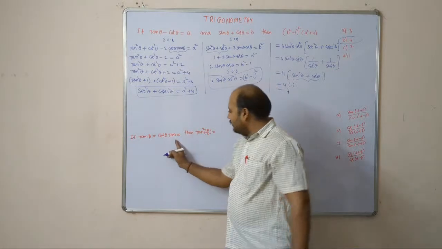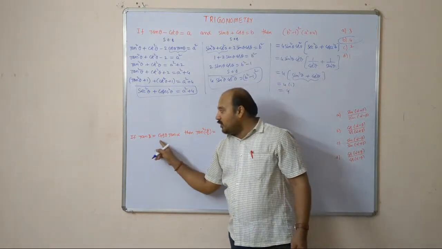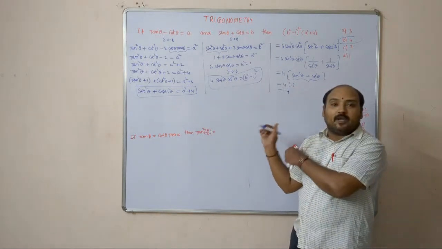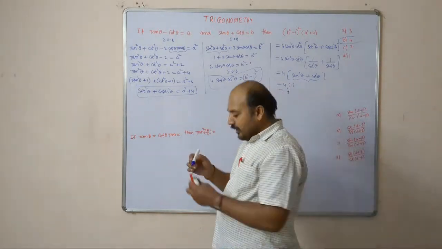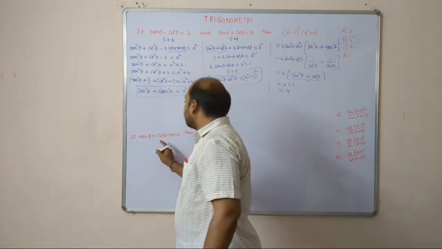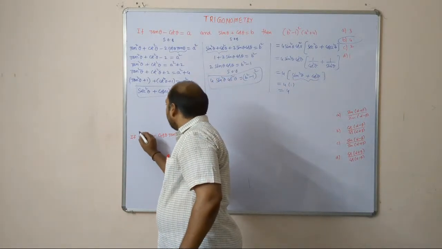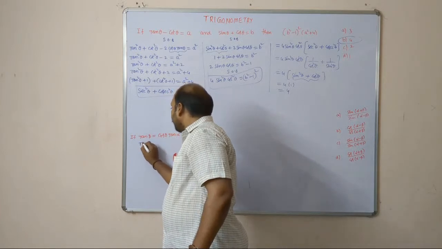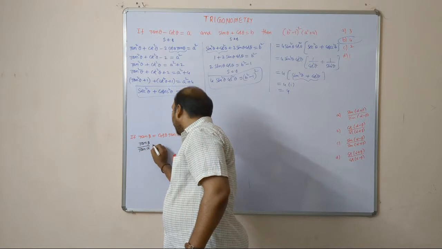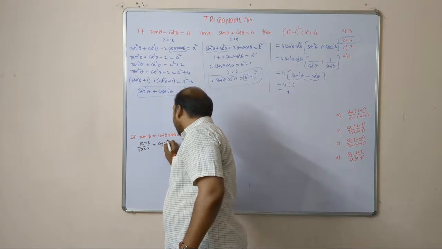Now come to here. If tan beta equal to cos theta into tan alpha, then tan square theta by 2 equals. Here we need to learn the formula of tan square theta by 2. From this, make cos theta the subject: tan beta divided by tan alpha is equal to cos theta, dear students.